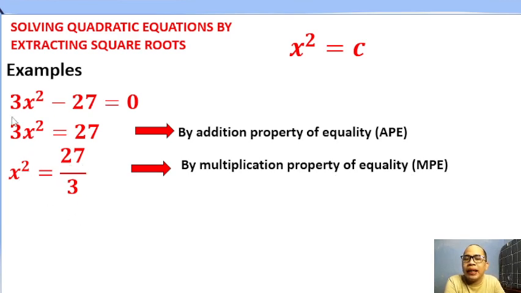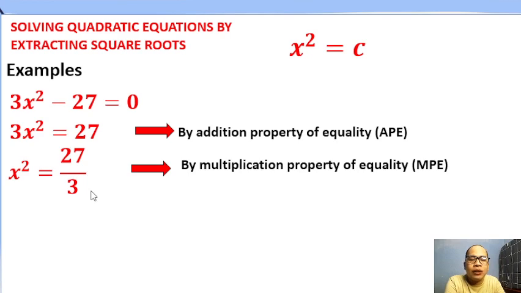We just multiply this equation by 1/3, on both sides. So, 1/3 times 3, that is 3 over 3 x squared, is equal to 1/3 times 27. So, 27 times 1 is 27 over 3. So, our result is x squared equals 27 over 3.